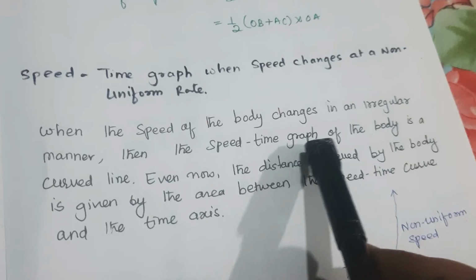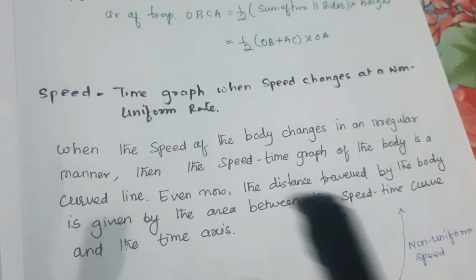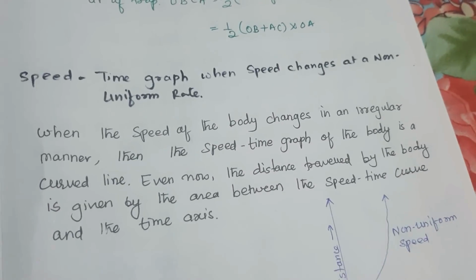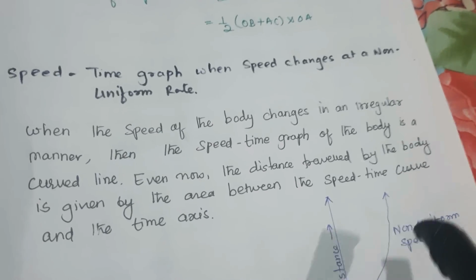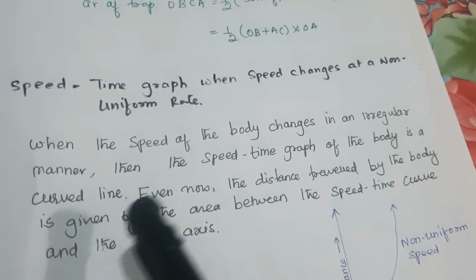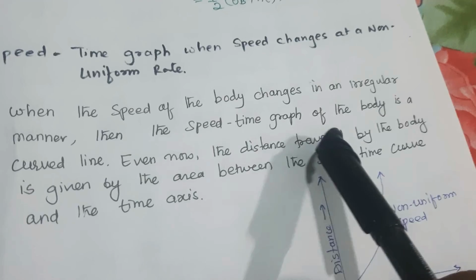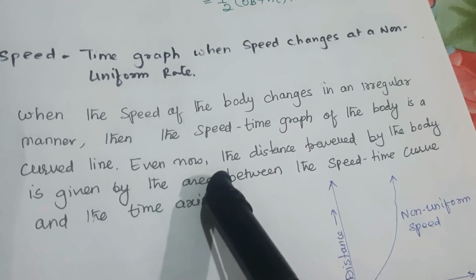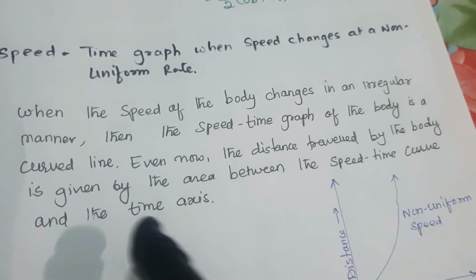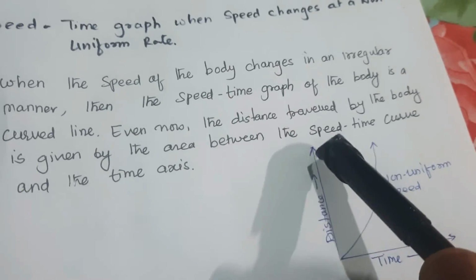The speed-time graph of the body is a curved line. Already we know that when the object is moving non-uniformly, it will form a curved line. So even now, the distance traveled by the body is given by the area between the speed-time curve and the time axis. So it looks like this.